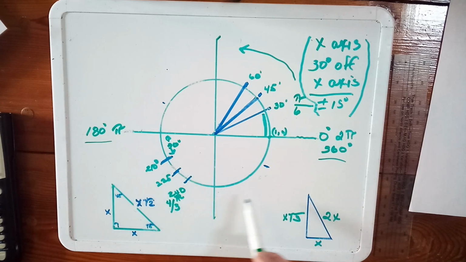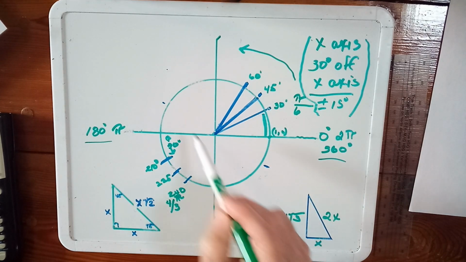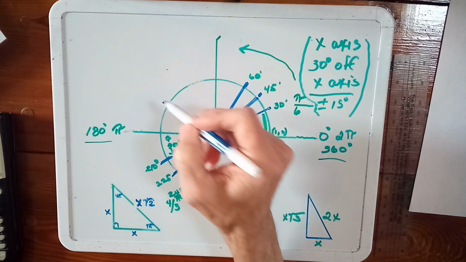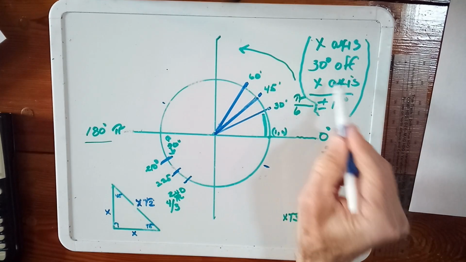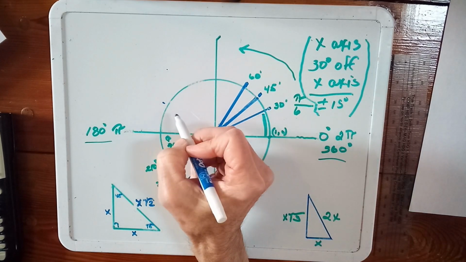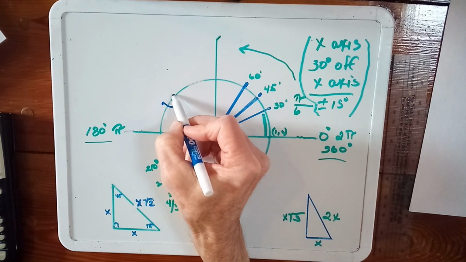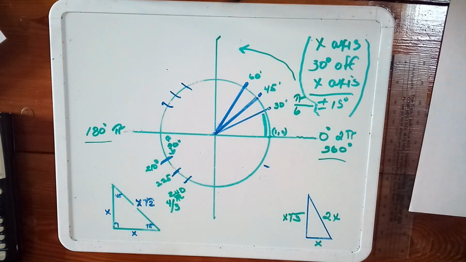So let's move into, oh, and I don't know why I jumped over there, but let's go back to quadrant number 2, and I'm just going to eyeball these in. So again, pulling on my knowledge here, 30 degrees off the x-axis, there's a tick, there's another 15, and there's another 15.